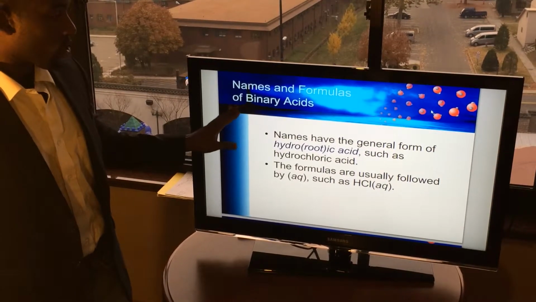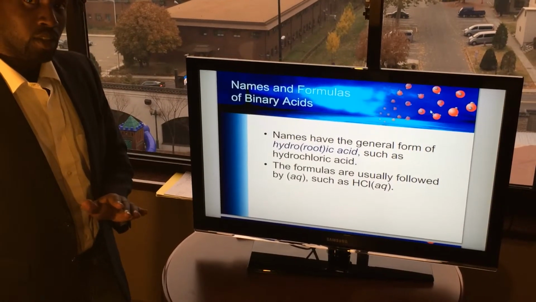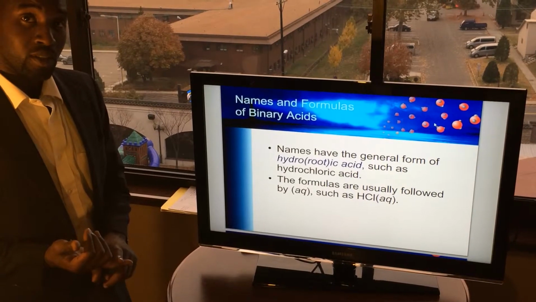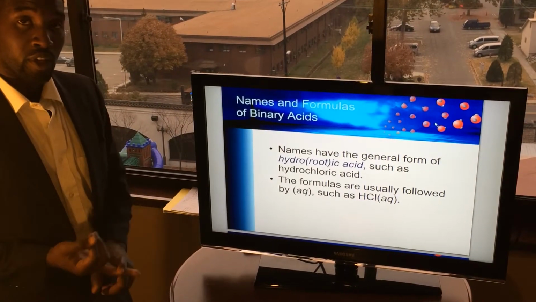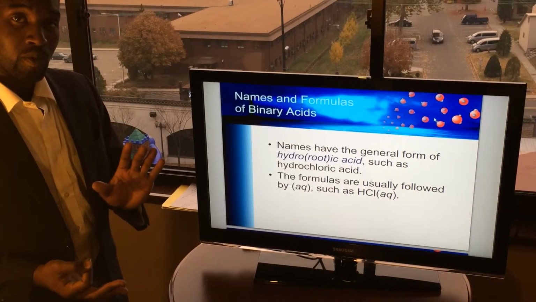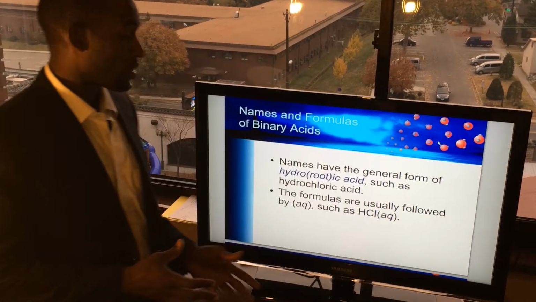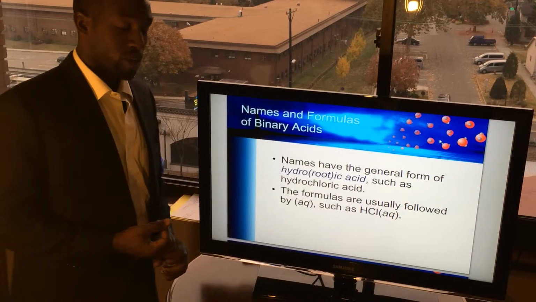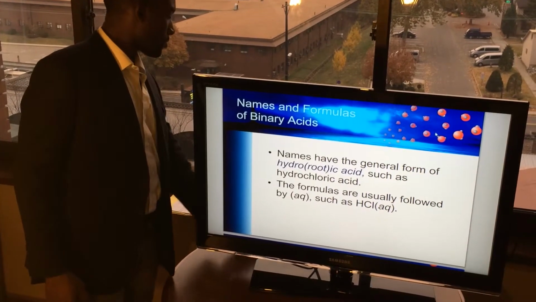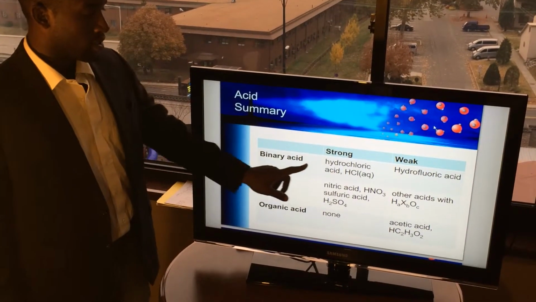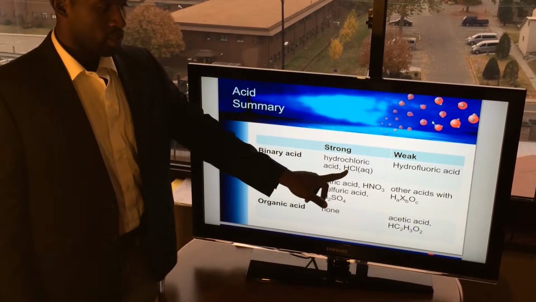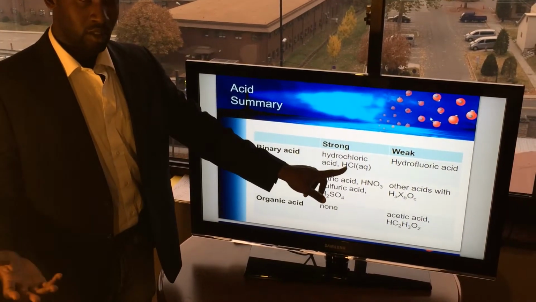We talked about binary ionic compounds and binary covalent compounds. Now we're able to describe chemicals in terms of their acidic properties. So you have binary acids, right? Hydrochloric, HCl. We've also seen this as hydrogen chloride, right?